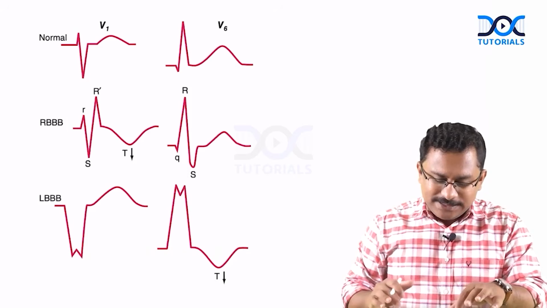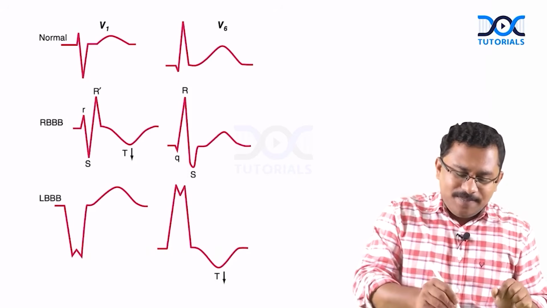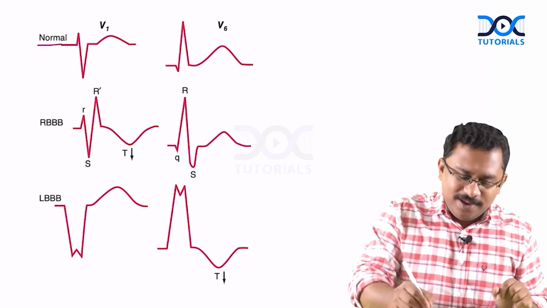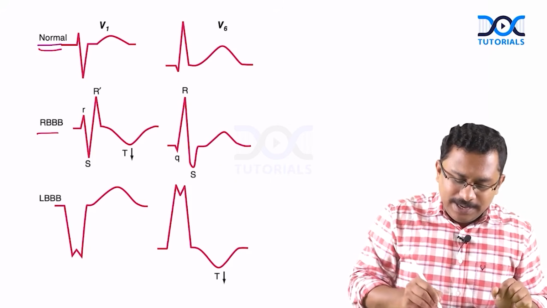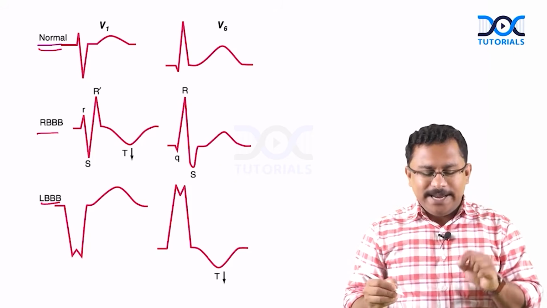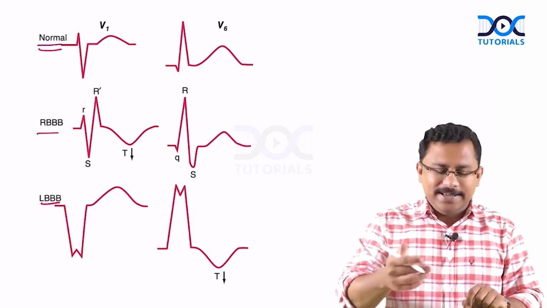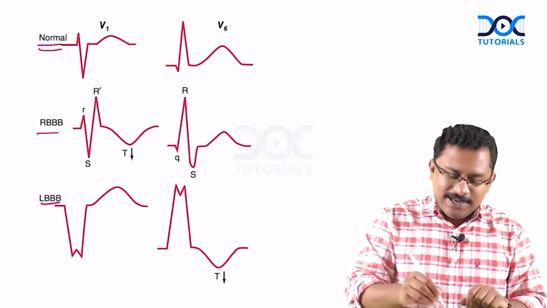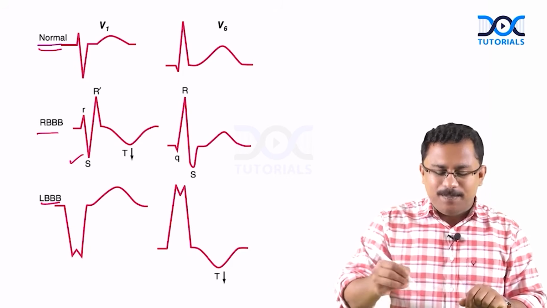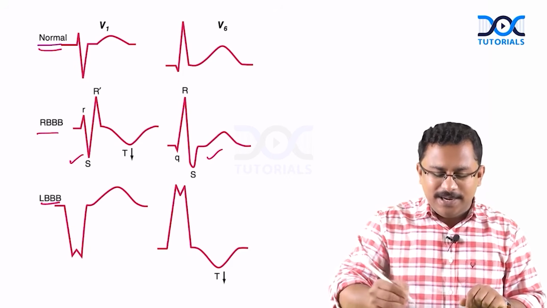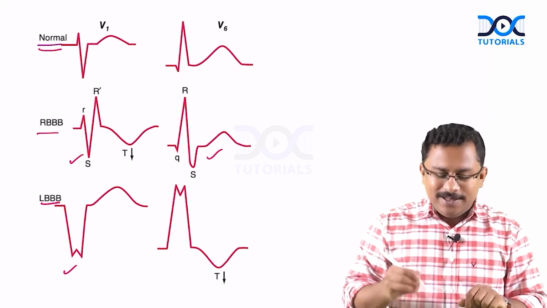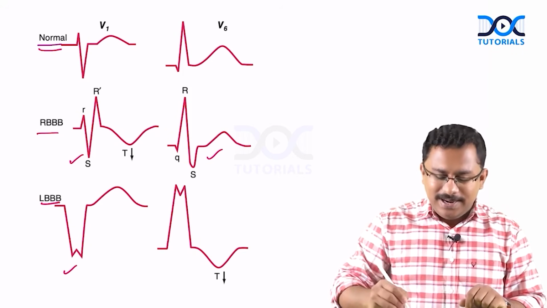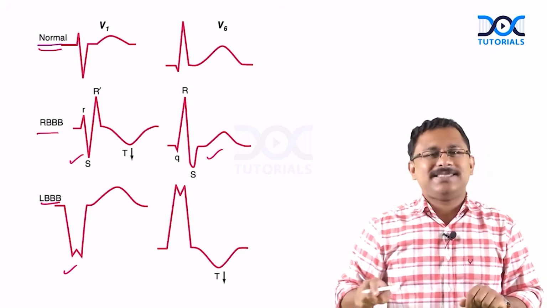Now just once again summarizing, comparison of normal versus RBBB, LBBB. You can see the shape of the QRS in case of V1 and V6. In case of RBBB, the M pattern in case of V1 and the W pattern in case of V6. And in LBBB, the W pattern in case of V1 and the M pattern in case of V6.